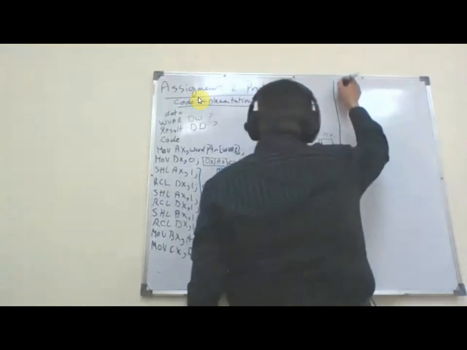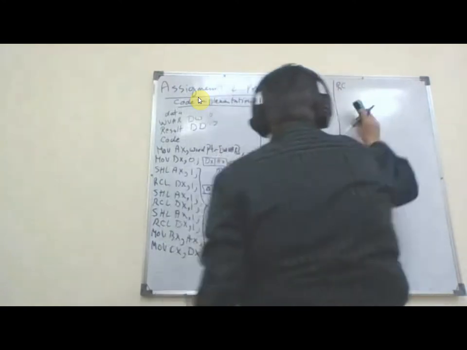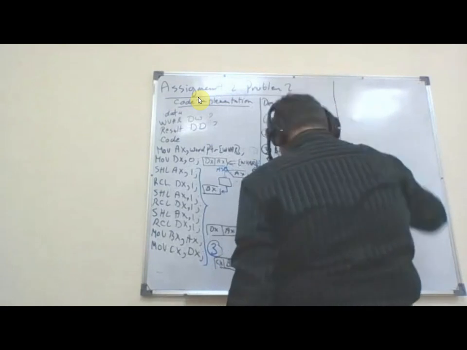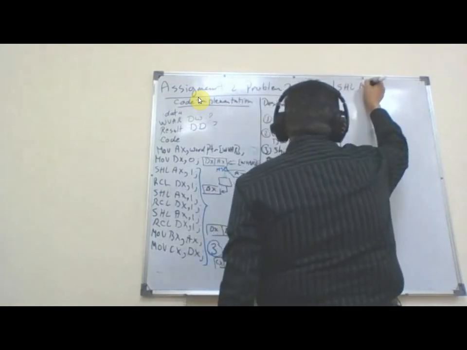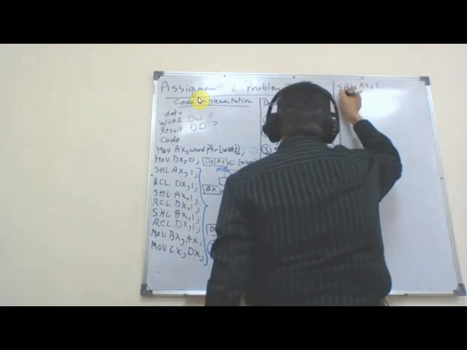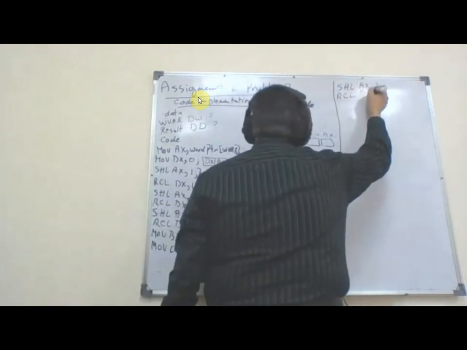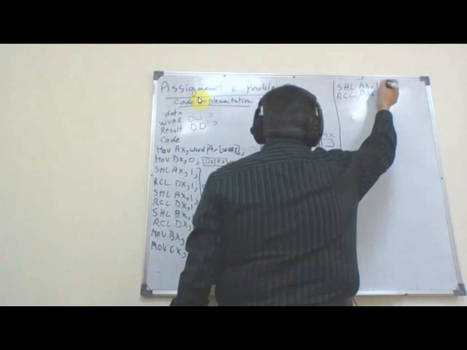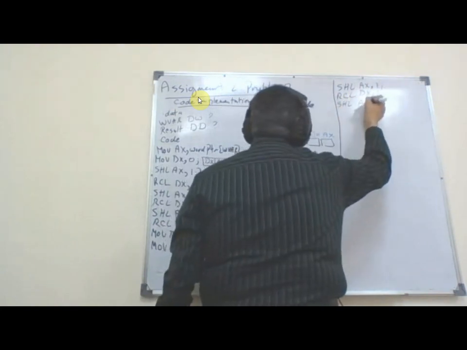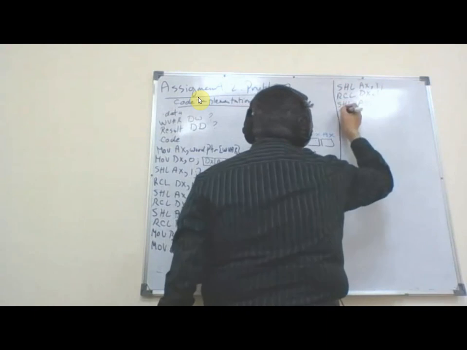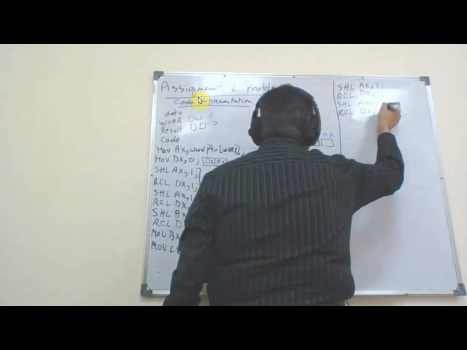So I will do this shifting again. Shifting to the left, AX 1, rotating with carry to the left, DX 1. Okay, shifting to the left, AX 1, rotating with carry, DX 1.